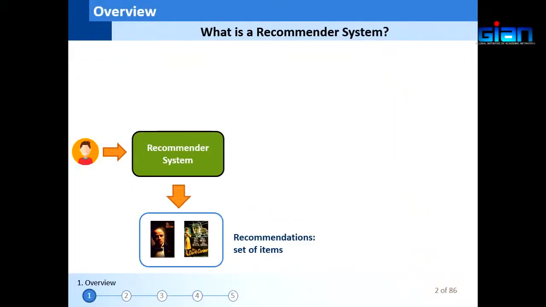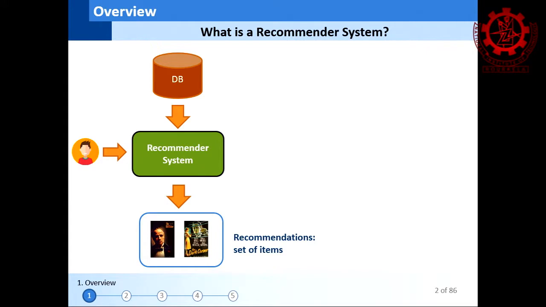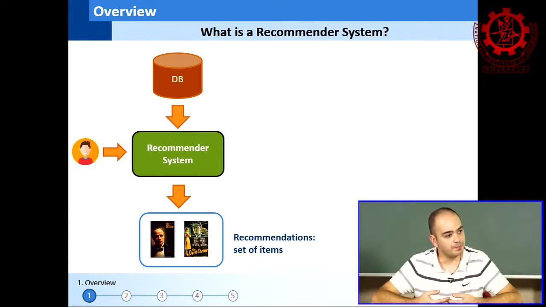So recommender systems try to provide recommendations about items that users consume. They try to predict the user's taste. In a recommender system we have registered users who consume items according to their taste, and the recommender system provides recommendations about these items to the user, according to a database in which we store information about users, about items, and about the feedback of users on the items.